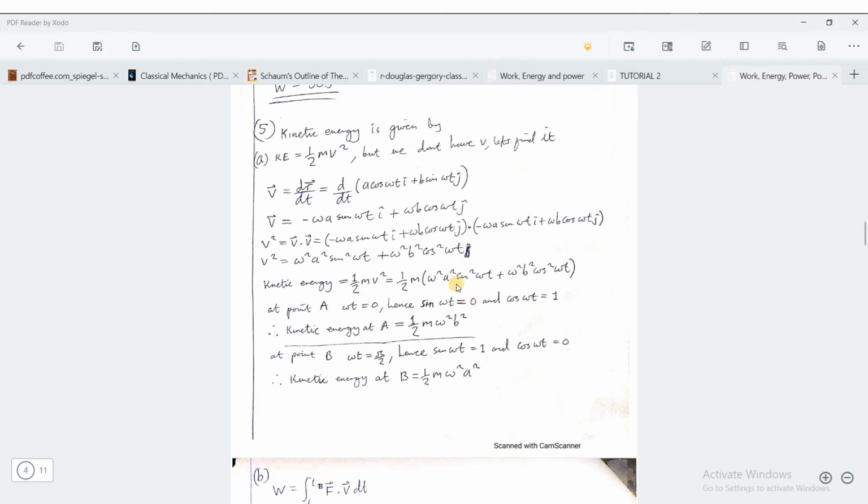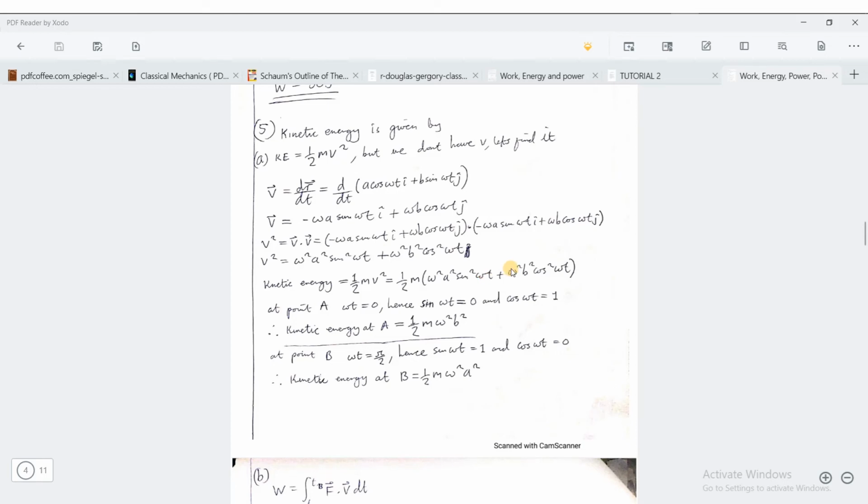And what will happen to cos omega t? Cos omega t will be the same as cos 0. Cos 0 is 1. That's why we're getting 1 here, because omega t is 0. When we replace in here, we'll have cos 0 being 1. So now when we substitute these values for sine omega t in here, have you seen sine omega t there as 0?